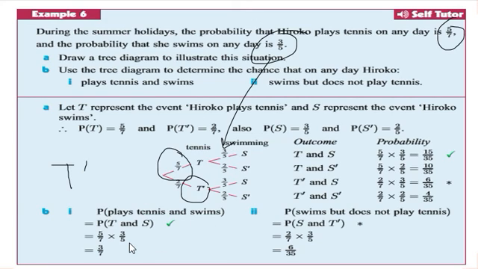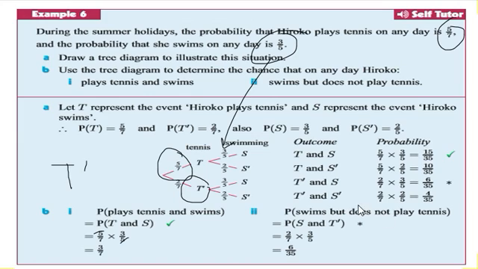So the answer would be, no, 15 out of 35, and then you can simplify that, divide by 5, and that would be 3/7. Or what you could do is directly cancel the 5, and it will be 3 out of 7.